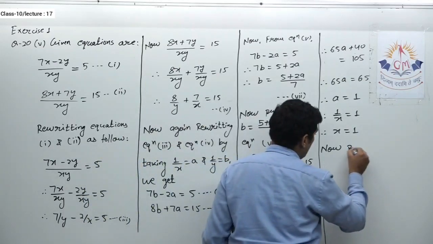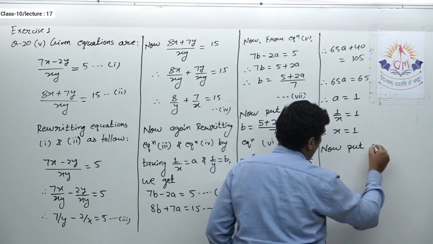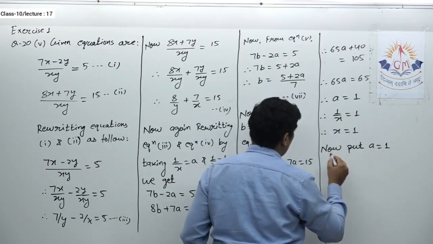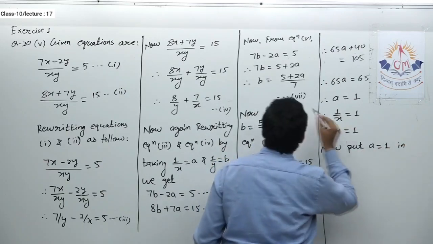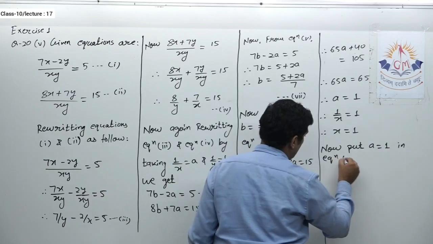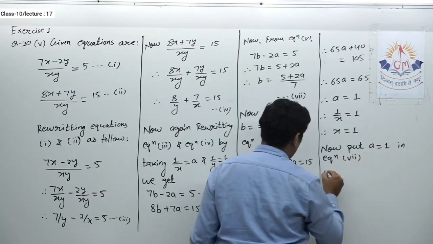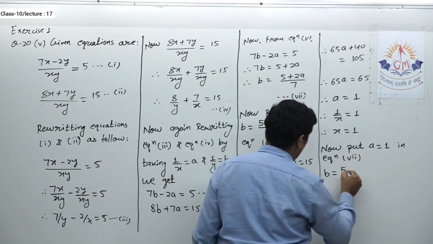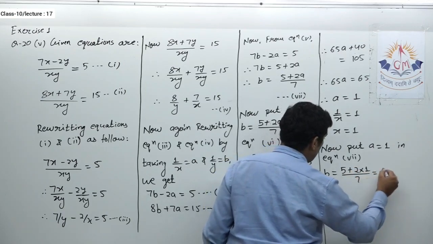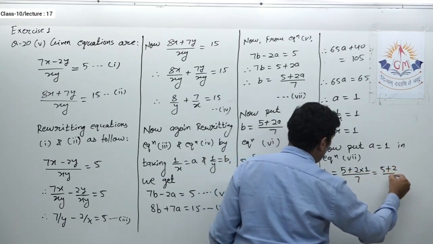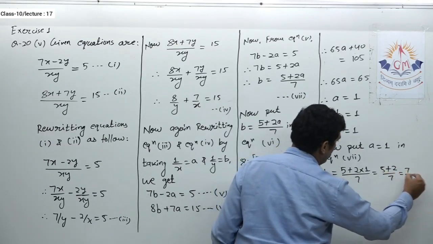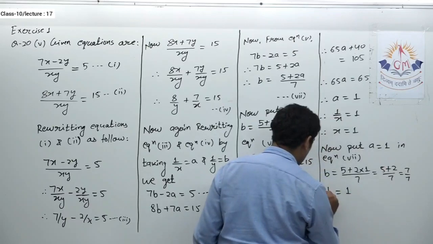Now put a equal to 1 in equation 7. So b is equal to (5 plus 2 into 1) upon 7, that is 7 upon 7, therefore b is equal to 1.